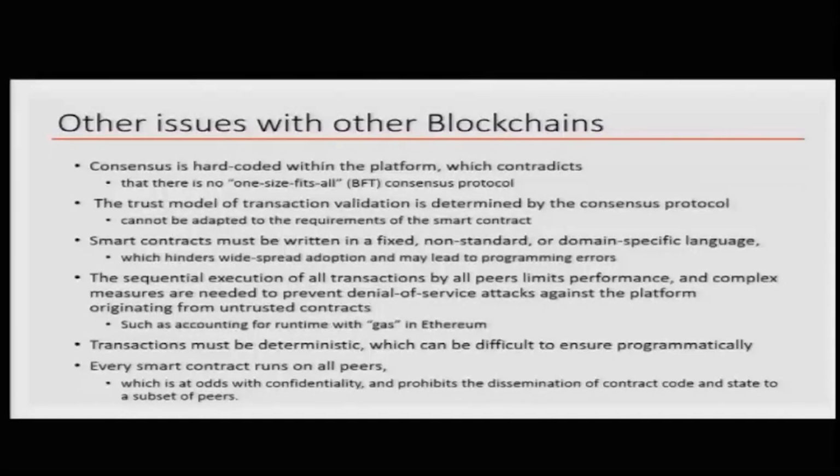The other thing is that in Bitcoin, for example, you have to write any kind of complex business logic, like micropayments or escrow, in a non-standard fixed language called Bitcoin script language. In the case of Ethereum, you have to write them in Solidity. There are a few other languages which can also convert to EVM bytecode. But in the case of Hyperledger, as I said before, you can write the smart contracts in any programming language, because there is no EVM or VM concept associated with them.